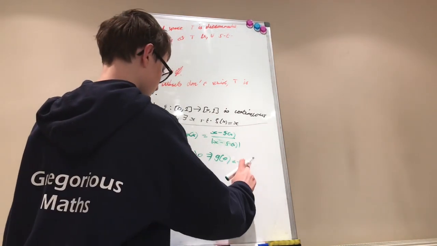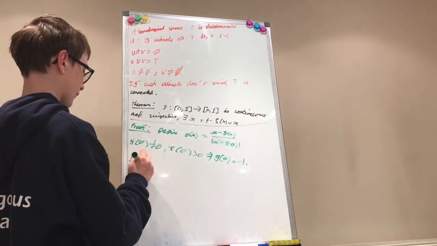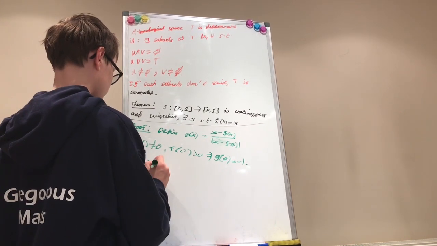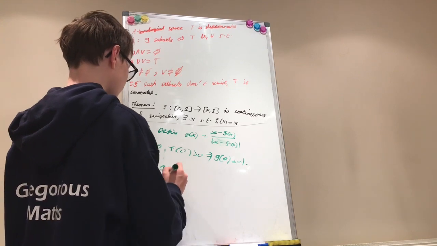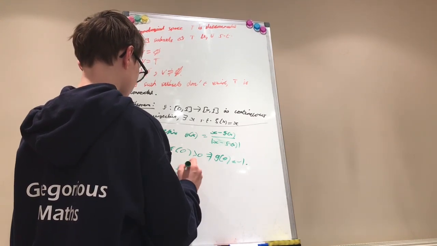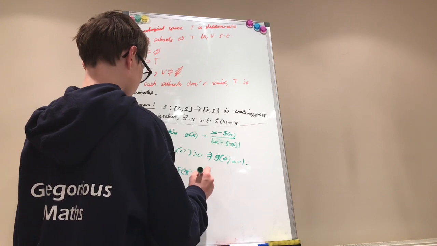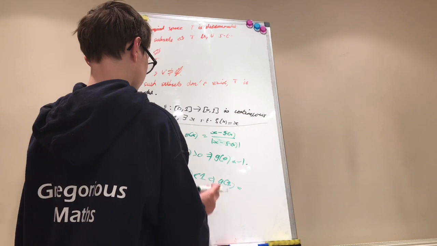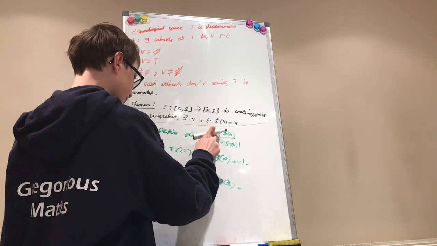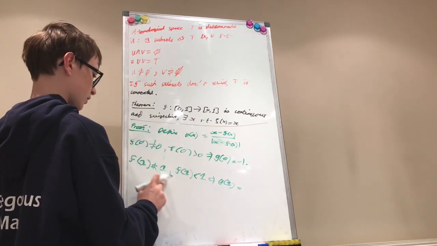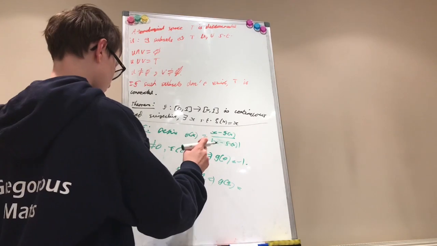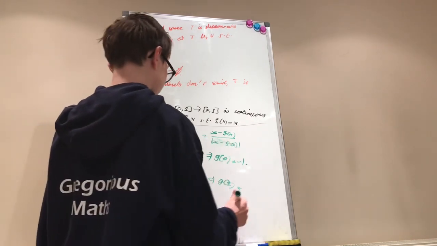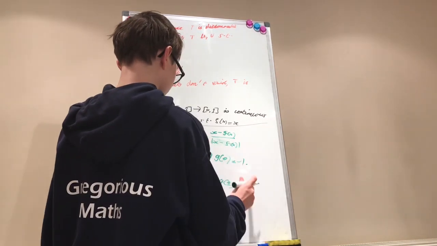And f of 1 is not equal to 1, therefore implying that f of 1 is less than 1, therefore g of 1 is x minus f of x, where 1 minus something less than 1 is going to be positive. This is always positive. G of 1 is equal to 1.